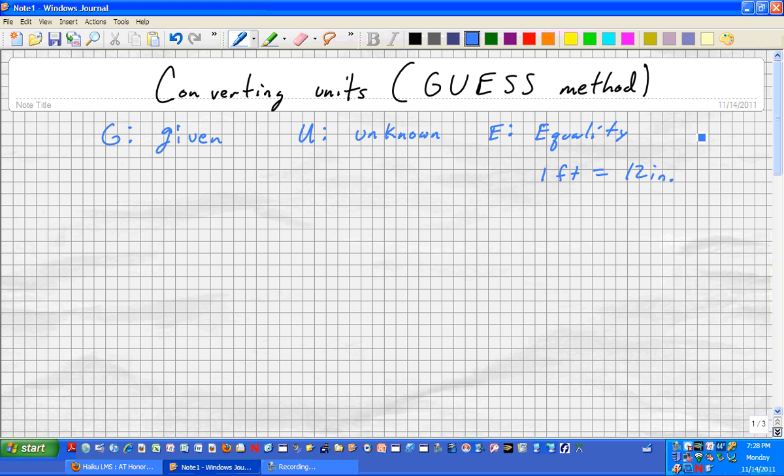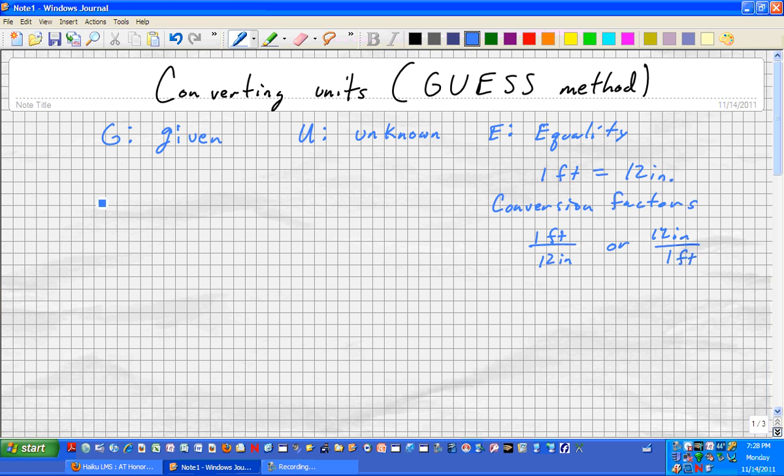And what we can do is we can take this equality and turn it into a conversion factor. And I can write it as a fraction, either 1 foot over 12 inches or 12 inches over 1 foot.